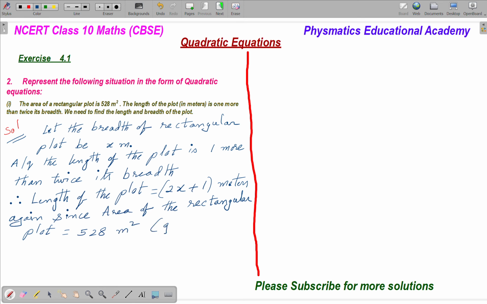It is given in the question. So now that implies length into breadth is equal to 528.